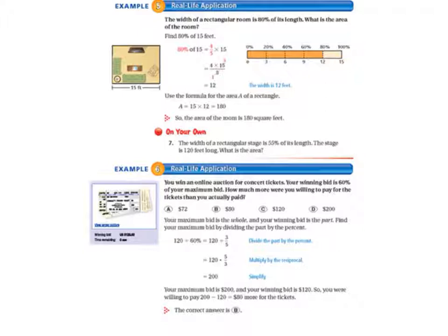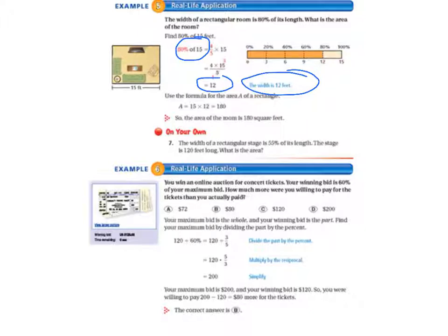So we change our percent to a fraction. 80% of 15 equals 4/5 times 15, and we do some cross canceling and we end up with a width of 12 feet.